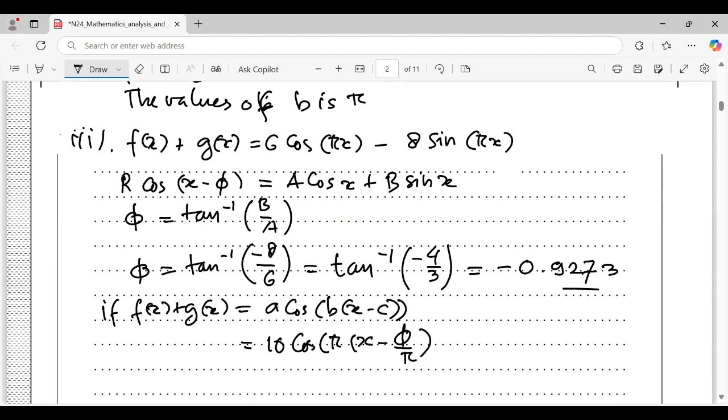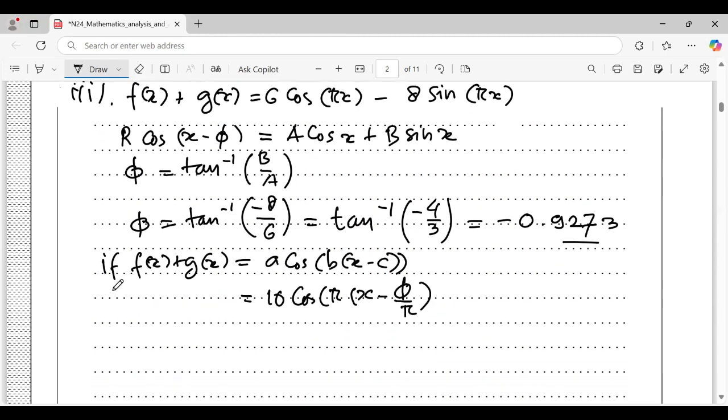That is c. So we can determine c: minus this one over pi, and the result is 0.295.